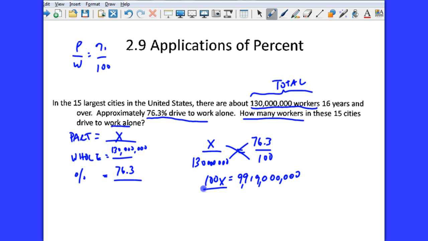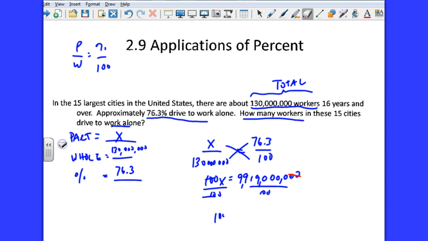Now, you do have to solve it, so you're going to divide both sides by 100, and fortunately, that's easy math for us, because all that's going to do is cancel out. You basically lose 2 zeros there. You got 100x. Oh, no, not 100.